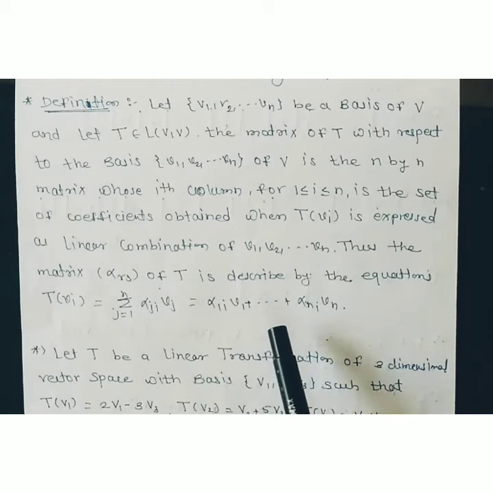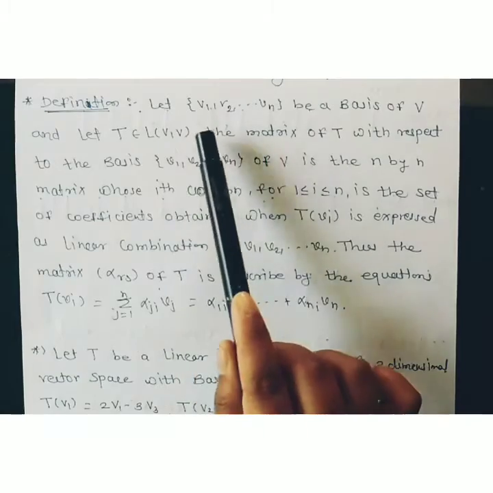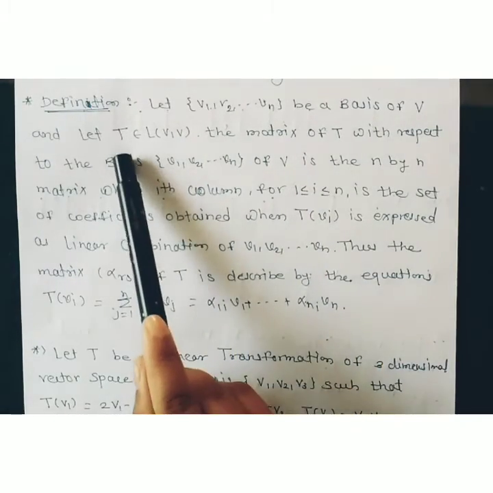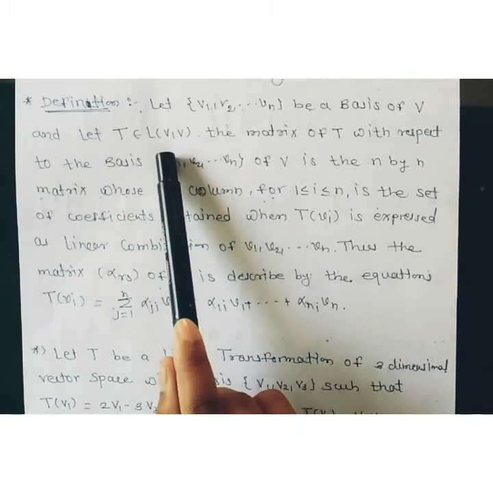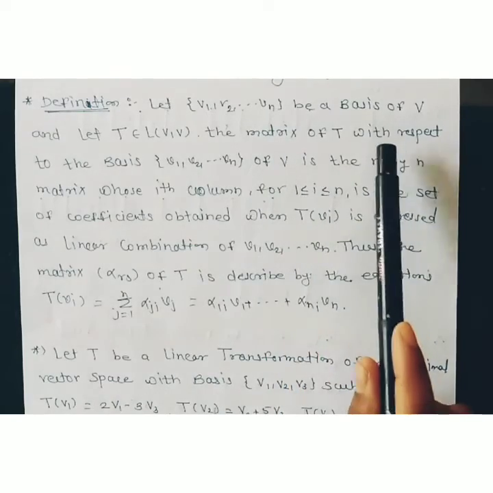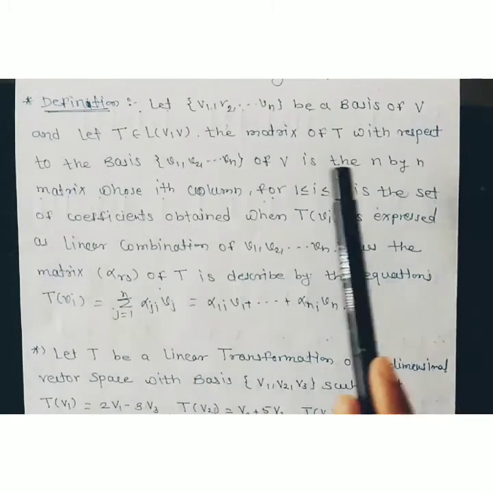So the definition is: we are given a basis v1, v2, up to vn for V, and we have a transformation T belonging to L(V,V), which means T is a transformation from V to V. Then how can the matrix of T with respect to the given basis be calculated?